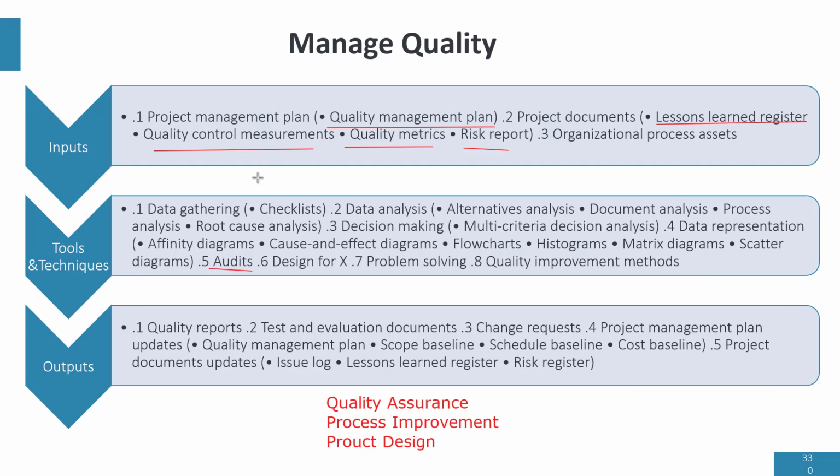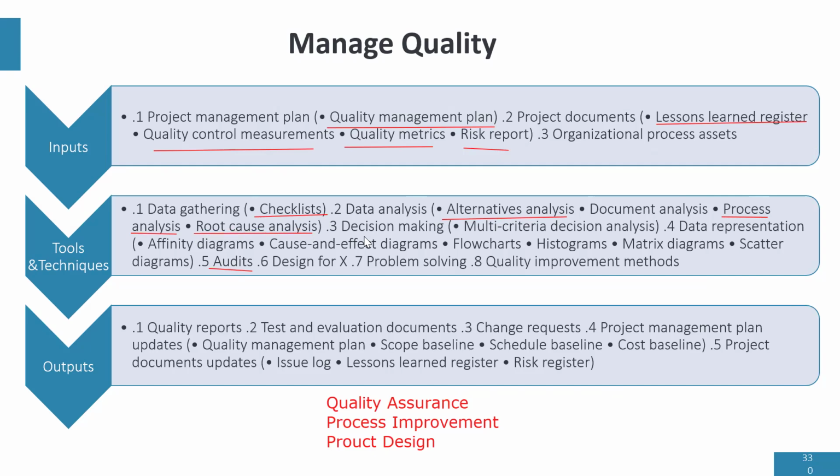Now, in order to manage quality, we need a number of tools and techniques. So number one is that we can use a checklist to ensure that all the processes are done as planned. We can look at alternative ways of improving our processes. We can do process analysis to find the root cause of poor performance, right?